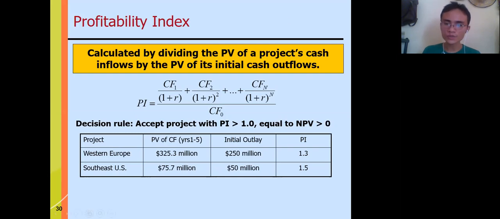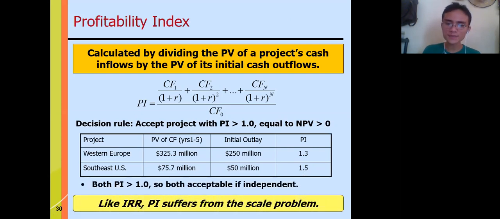For Western Europe, that's 1.3, higher than 1.0, obtained by PV of cash flows over outlays. And this one also, PV of cash flows over outlays, is 1.5. So we'll accept the two projects if independent, but if we have limitation, accept Southeast US first.